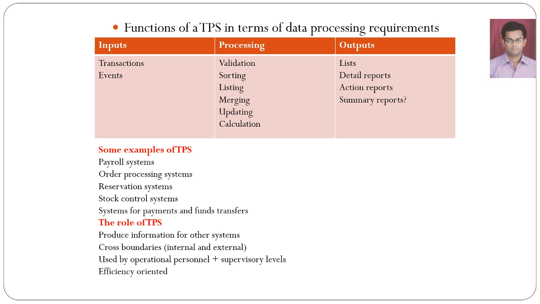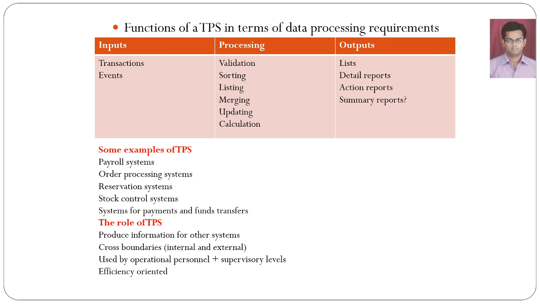The typical outputs are lists, detailed reports, action reports, and summary reports. Some examples of transaction processing systems are payroll systems, order processing systems, reservation systems, stock control systems, as well as systems for payment and funds transfer.